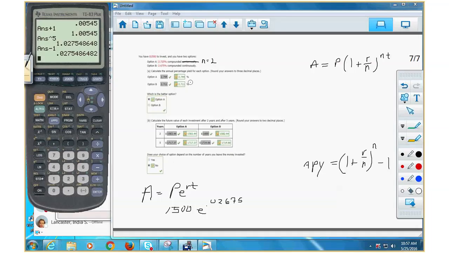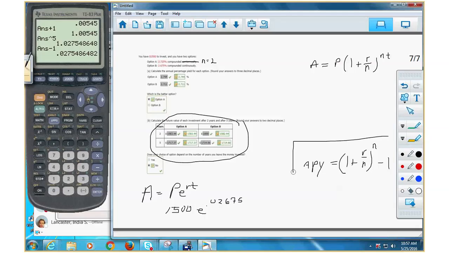And then for the annual percentage yield, for the second one, not the first one, for compounding continuously. Well, I thought we already did that right here. Because I'm confused by what you're saying, because the annual percentage yield should be this formula right here.